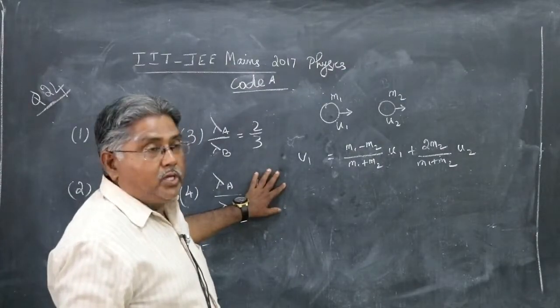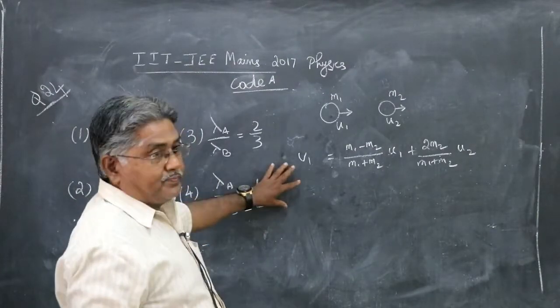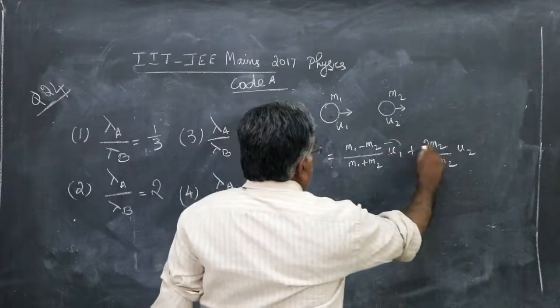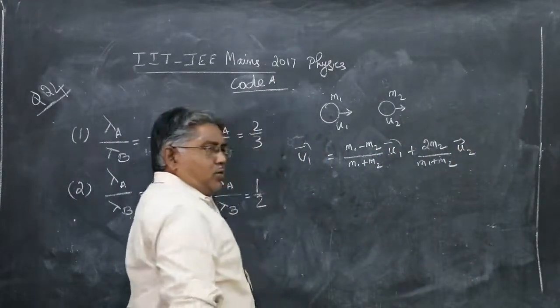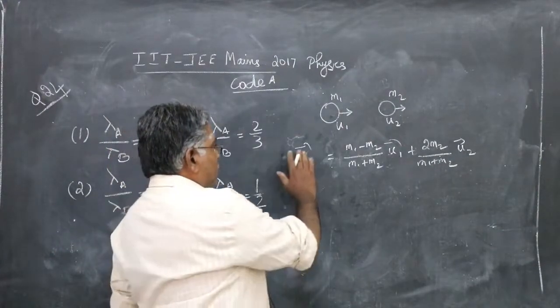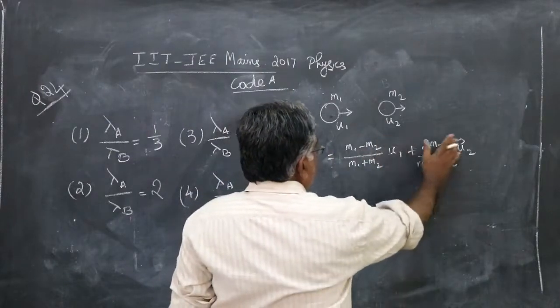Derivation we will not be doing here, we are only doing problems. If you want, you can put vector symbols, but we are not going to consider the vector ideas here. So without this we can proceed.